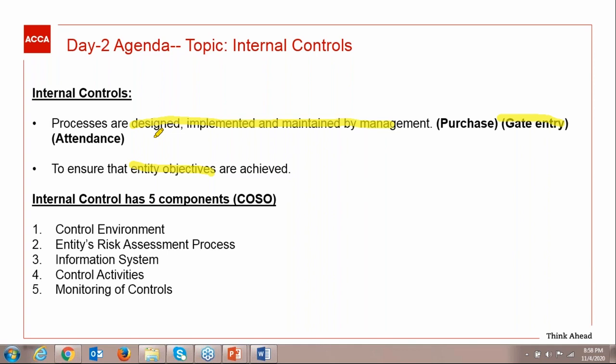So the internal control is that any employee, whenever they come into the organization premises, should first scan themselves and then go to their personal office. This is the internal control placed by the management. Now you, my students, tell me what is the control objective behind this internal control?